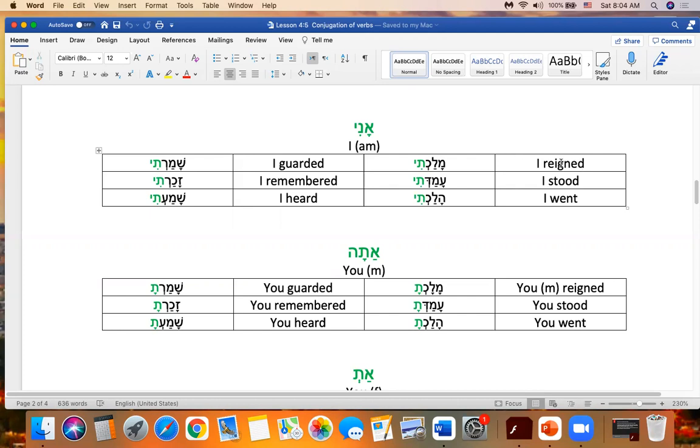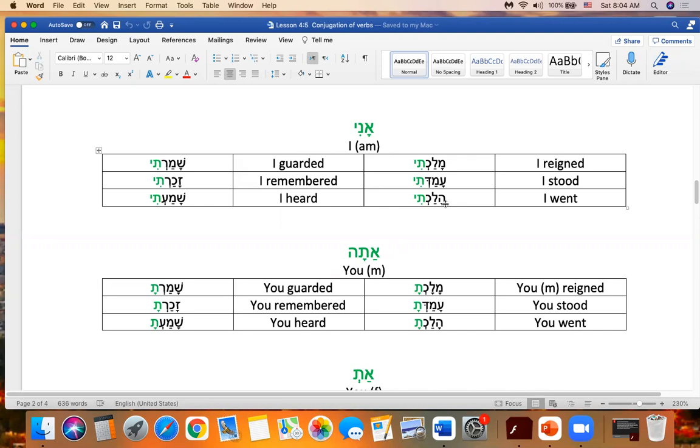So I reigned, the root of reigned is malak. So all you do is attach T to malak, malakti. I stood. Amad is the root for stood, so you say amadti. I went. Halak, halakti. I guarded. Shamar, shamarti.